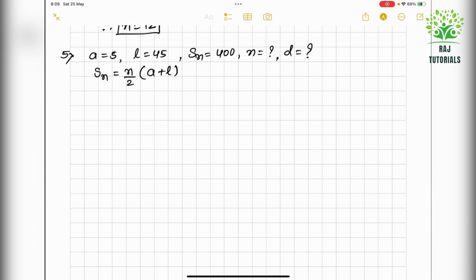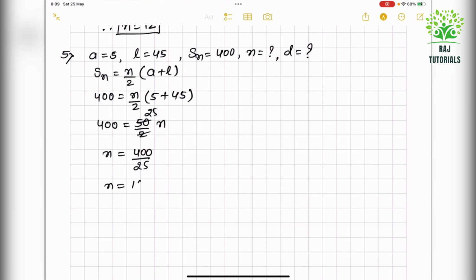So 400 equal to n by 2 into 5 plus 45. So 400 equal to 50 by 2 n. So n equal to 400 by 25. So n equal to 16.